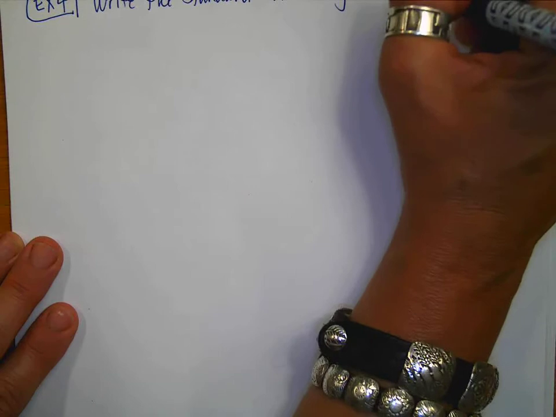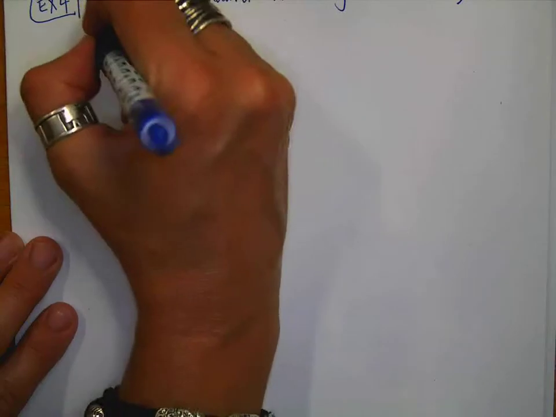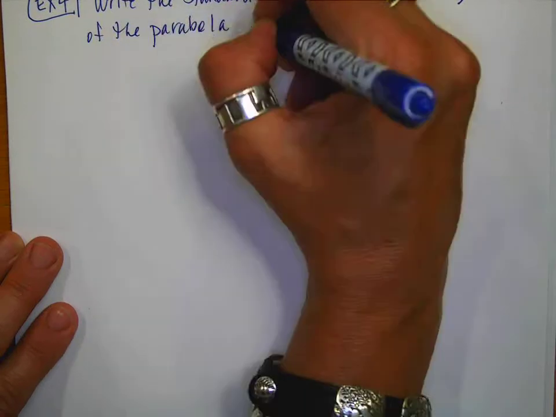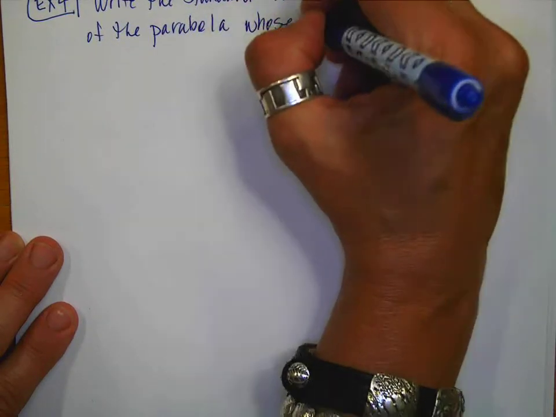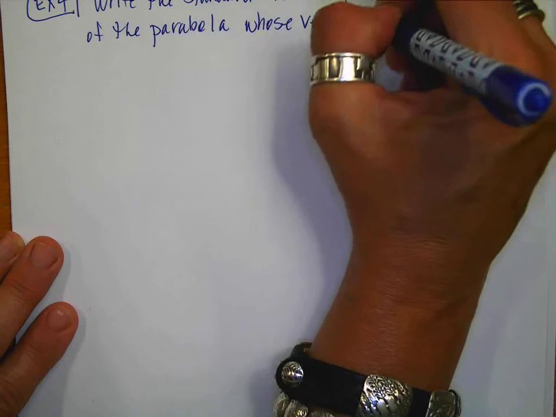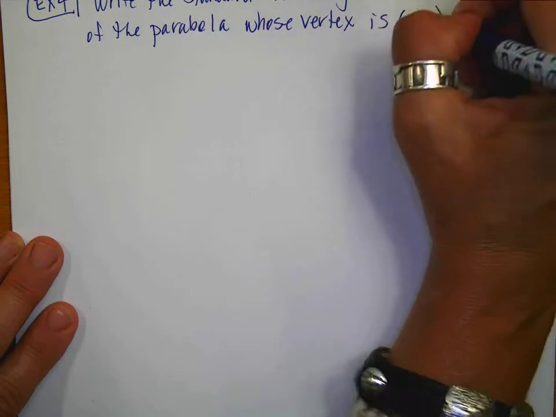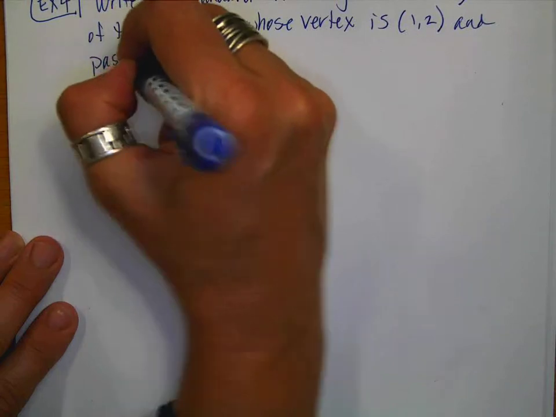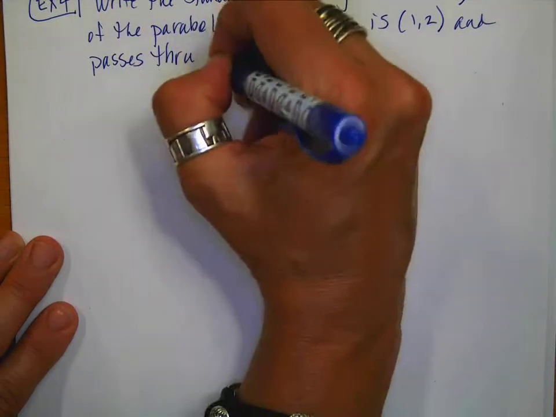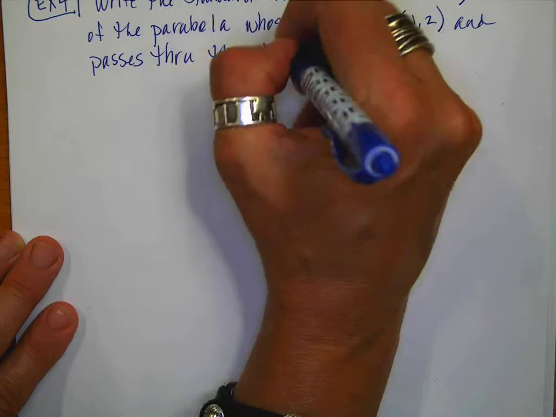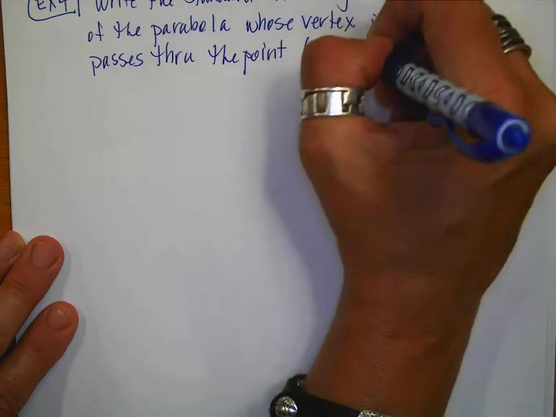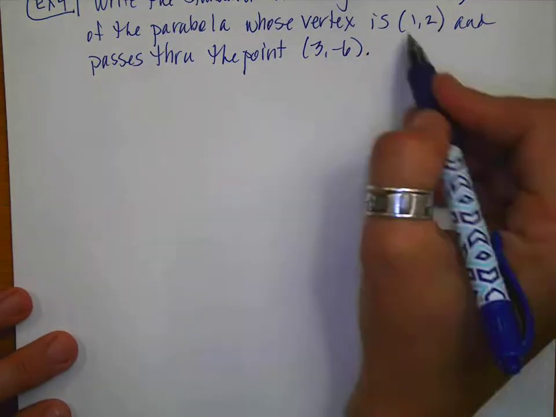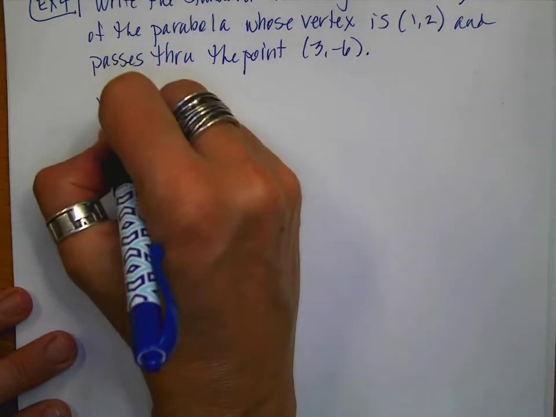And remember, standard form is y is equal to ax squared plus bx plus c of the parabola whose vertex is (1, 2), so that's my h and k, and it passes through the point (3, negative 6). Okay, so let's talk about what I've been given.